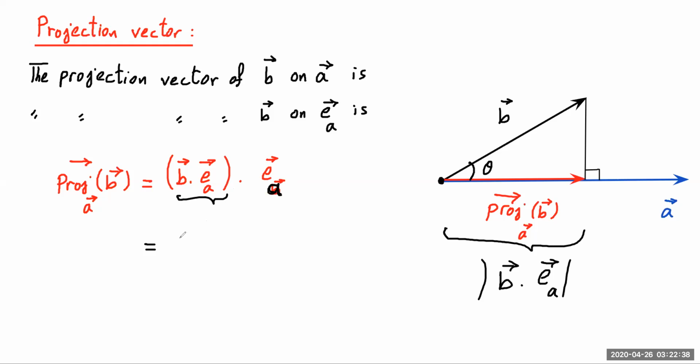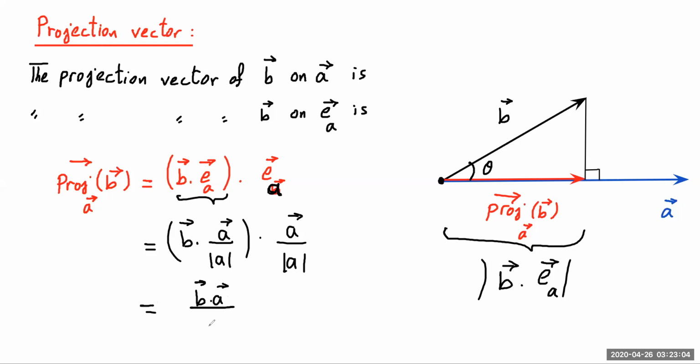It's equal to B times the vector A divided by the length of A, times the vector A divided by the length of vector A. So we can write the answer: it's the inner product of B and A over the length of A power 2, and this real number multiplies the vector, as lambda times the vector.